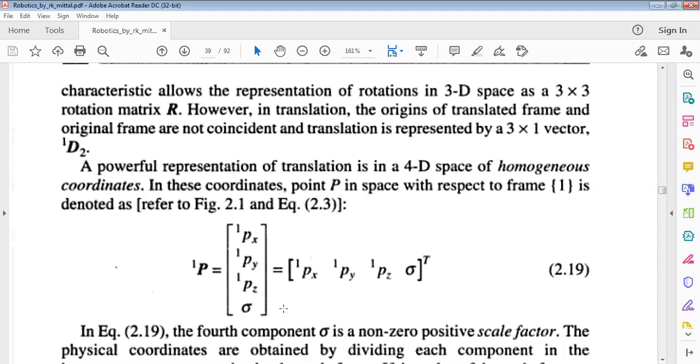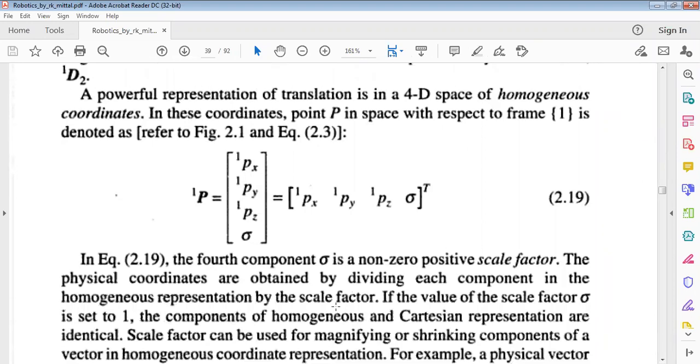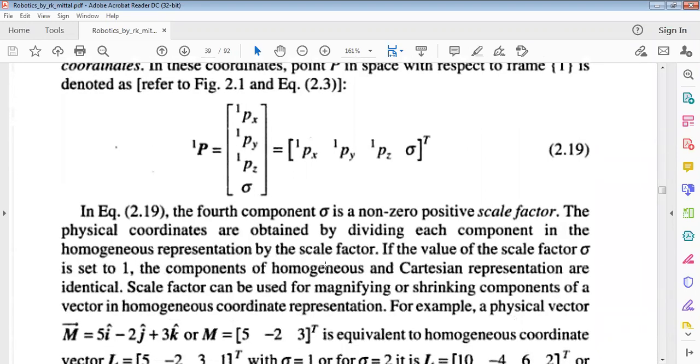So what is the sigma value? This fourth component sigma is a non-zero positive scale factor, which means that sigma is always greater than 0. The physical coordinates are obtained by dividing each component in the homogeneous representation by the scale factor.